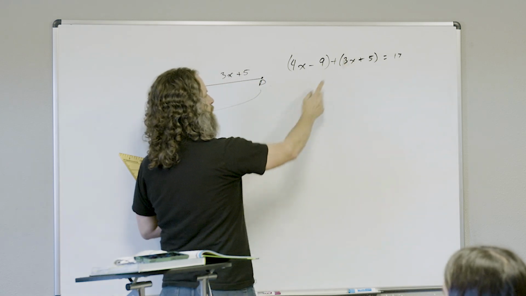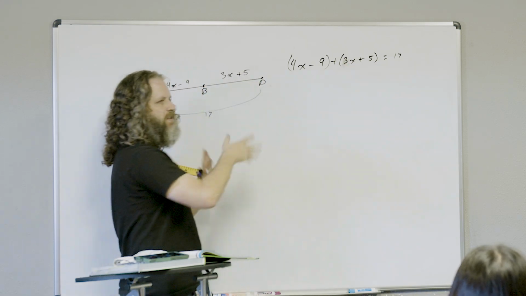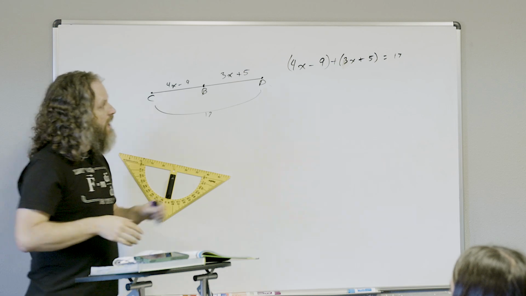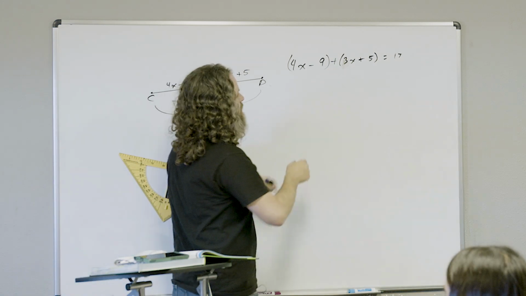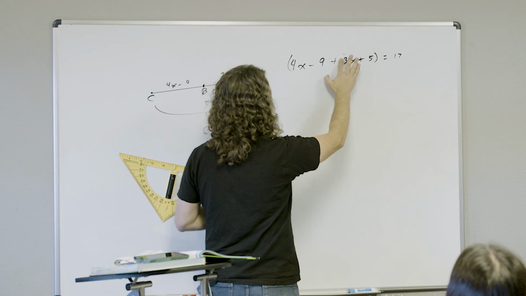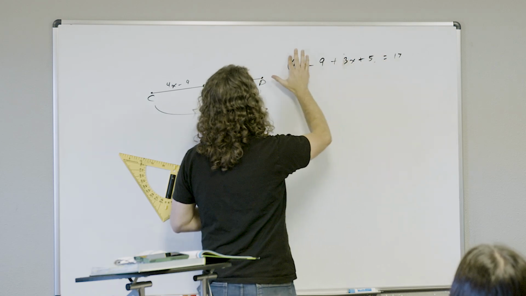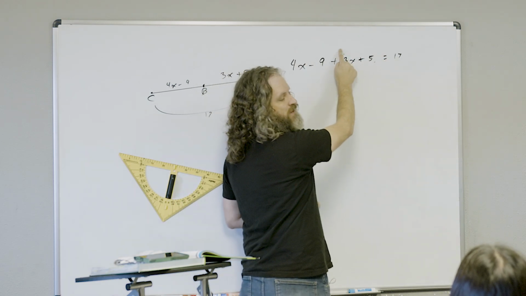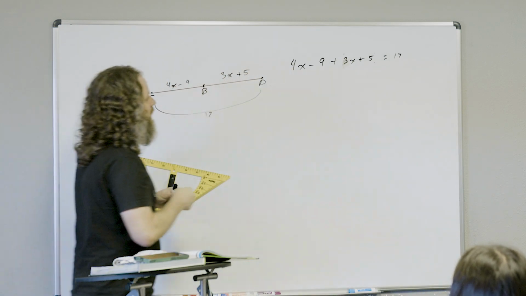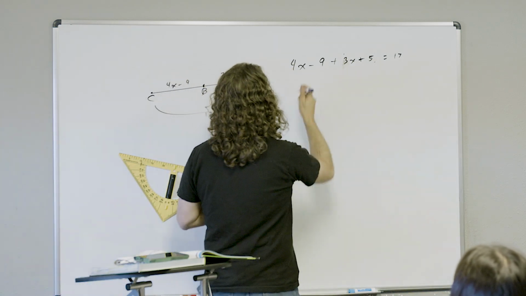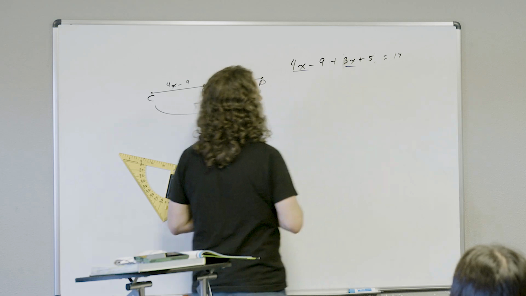However, with a plus outside of a parentheses, do the parentheses matter? No. If this was minus or a number, it would matter, yeah? But since it's plus, we can go ahead and kill those parentheses. Why would it matter if it was a minus? Because if it was a minus, remember we'd have to distribute that minus over here. Yep. Okay, so yes, y'all were correct on where they are. We've got a 4x and 3x. Where else are there like terms?